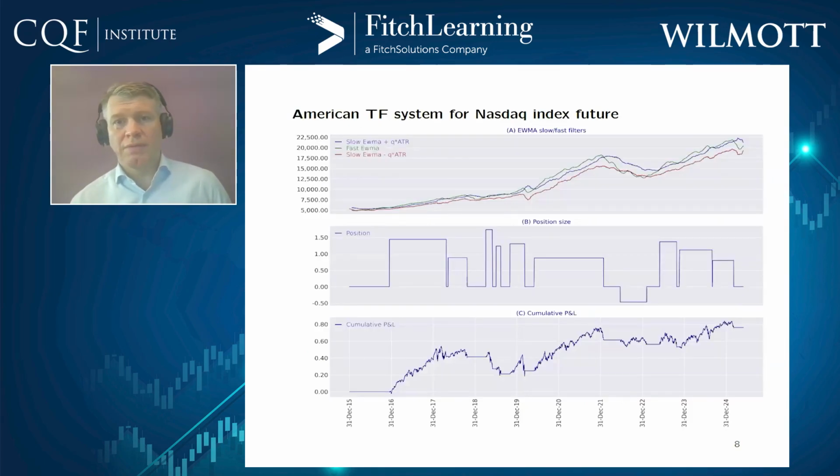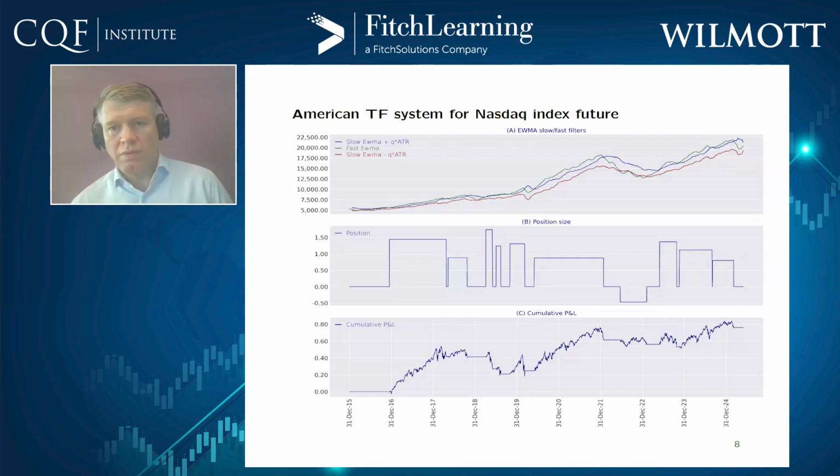So here I can show you a very quick example of the American trend following system applied to the Nasdaq index future. You can see here, in the end we have a band, like say the fast EWMA is the green line, and it's sandwiched between a slow EWMA plus some buffer, and when the fast EWMA is above this buffer, we create a position.